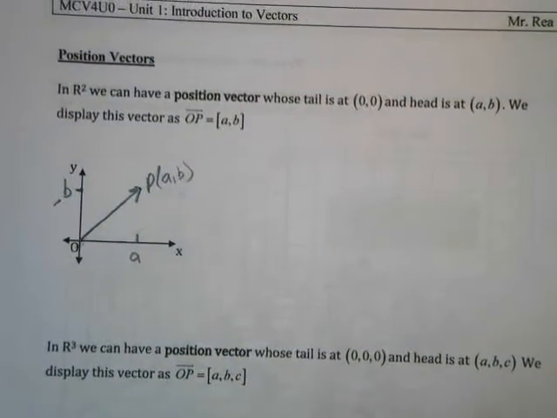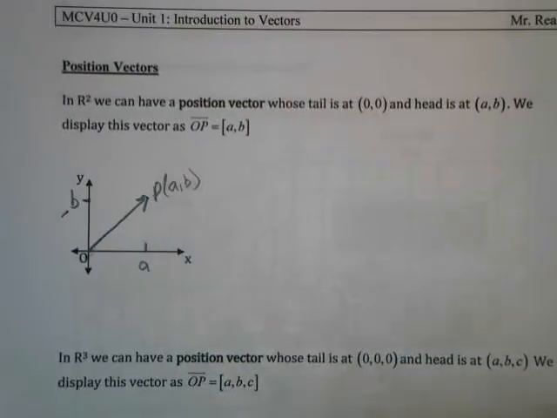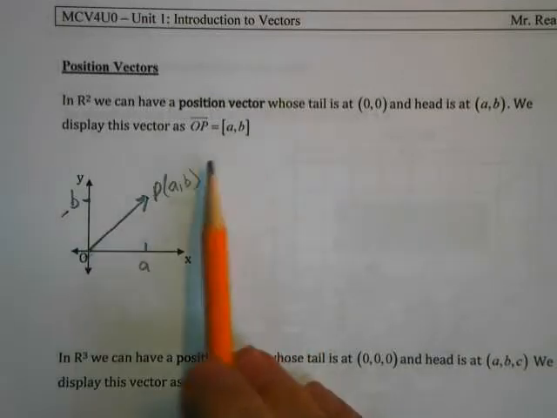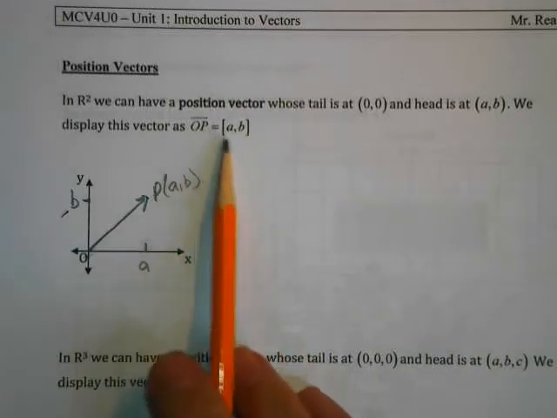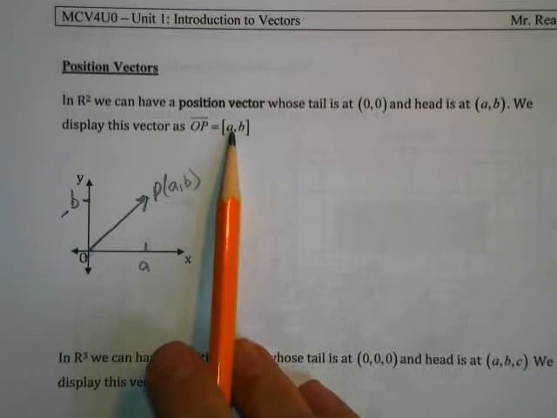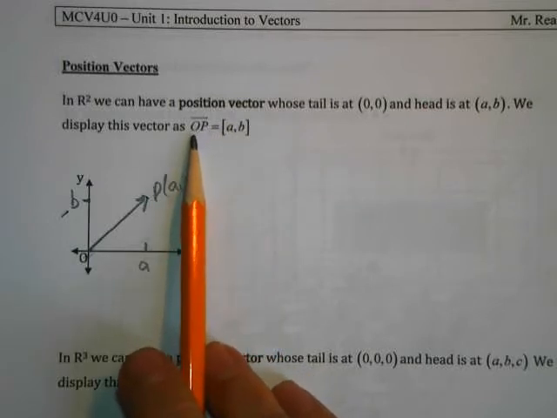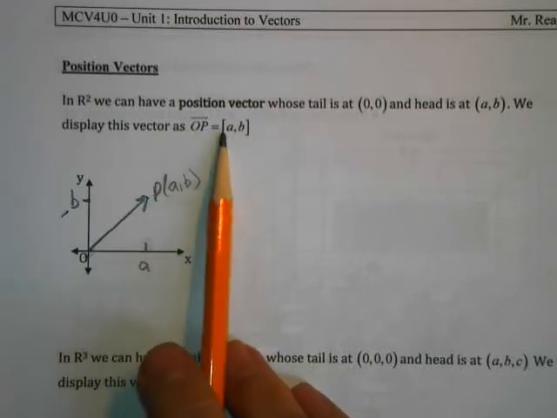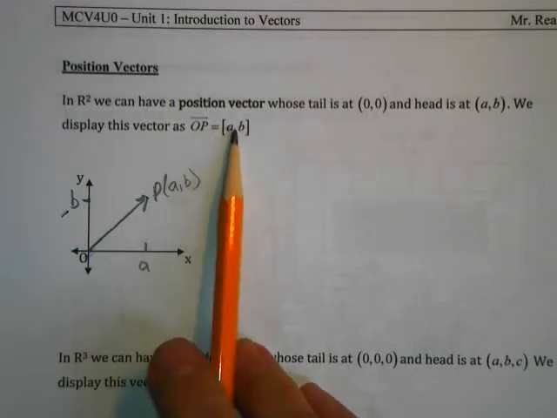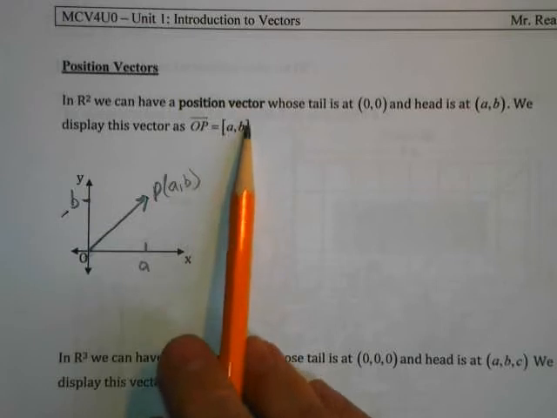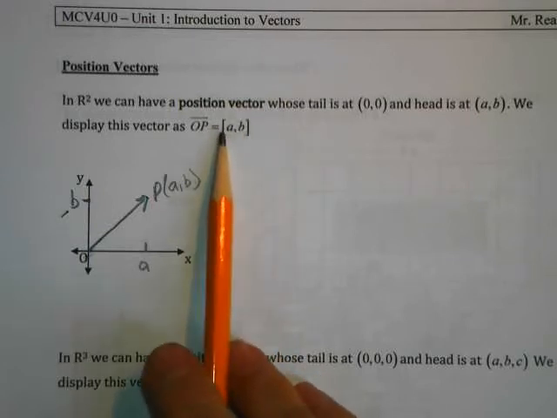One thing I want to note here, I'll try to mention it several times. When I mention vectors and components of vectors, for example the position vector OP, I've got my A and B in square brackets. I like to do this to show that if you see this, you know that's a vector. Those are vector components, and it's not a point AB.